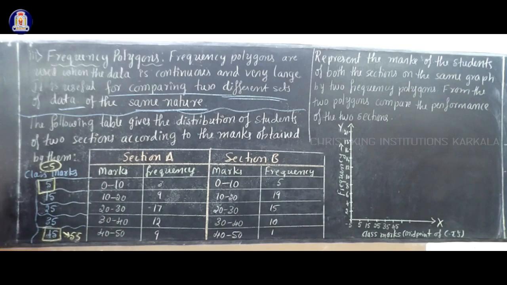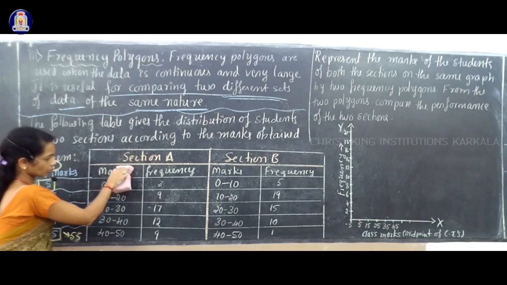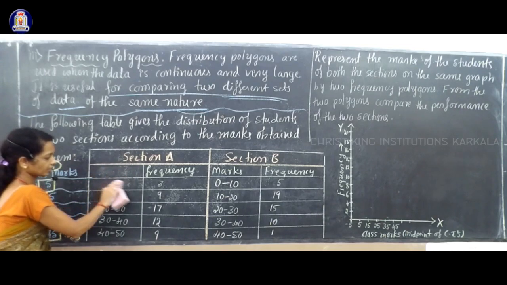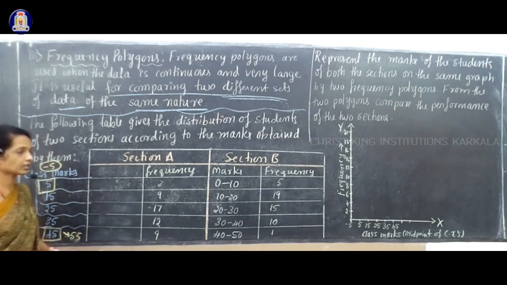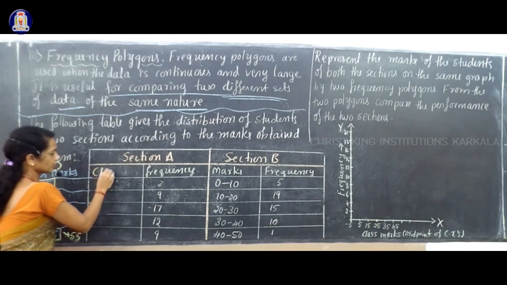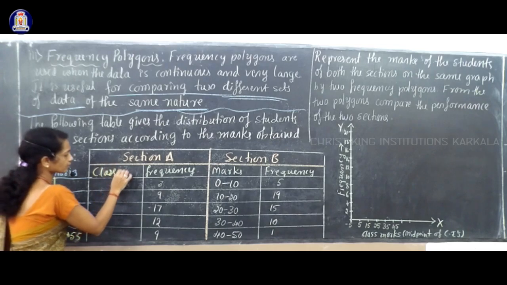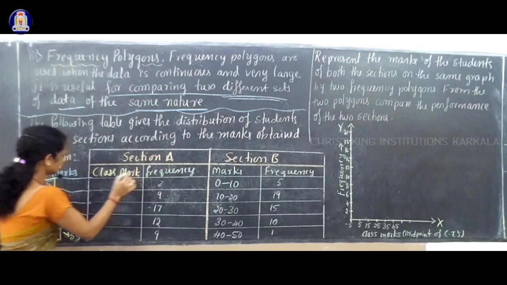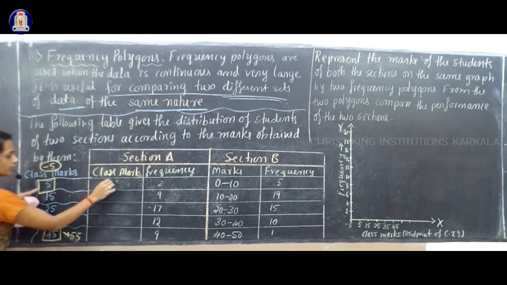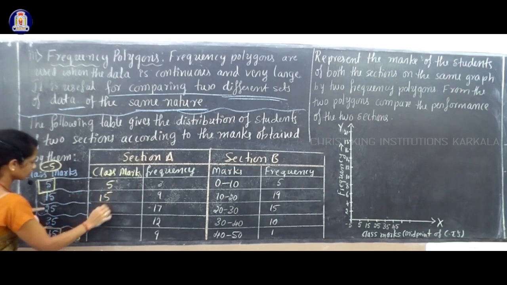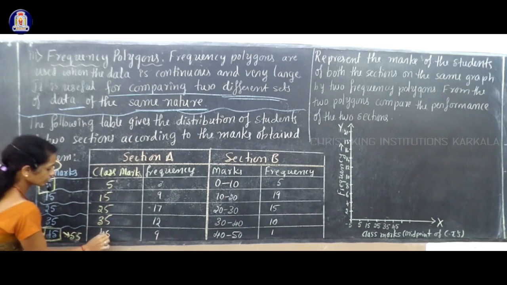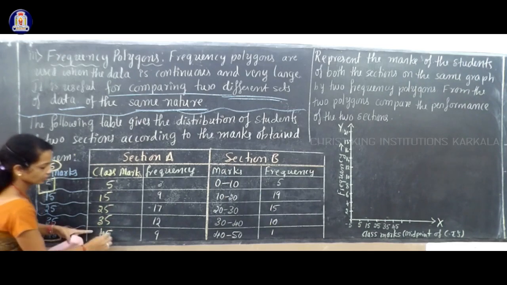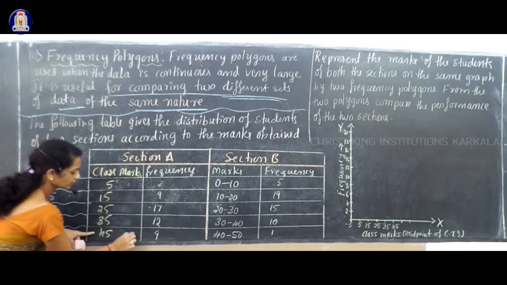So in the answer part, make a column for section A, and here you have to write not class intervals but class marks. That I have done here: 5, 15, 25, 35, 45, and the next class mark of 45, which is 55.